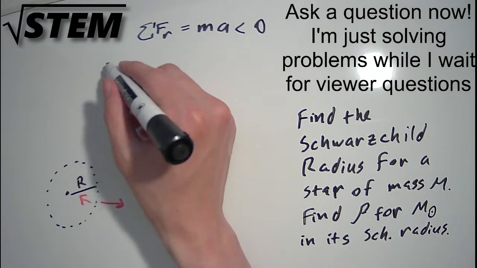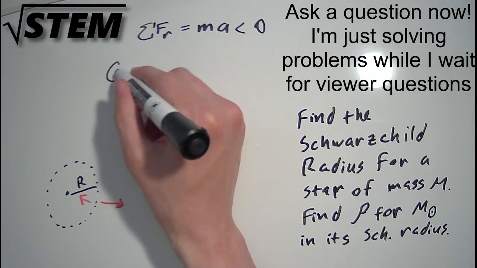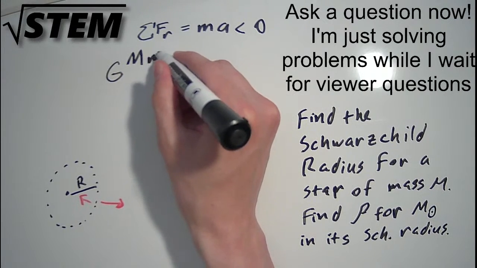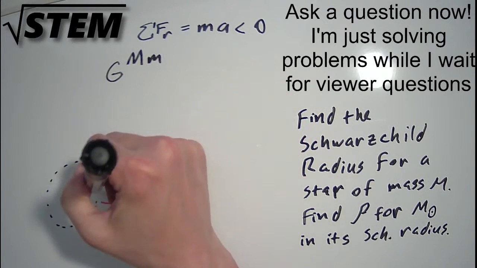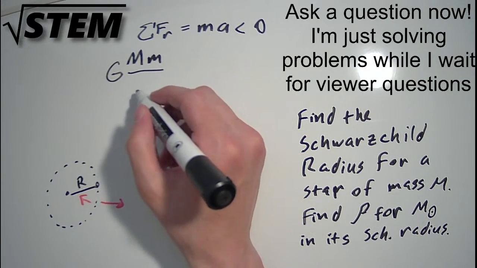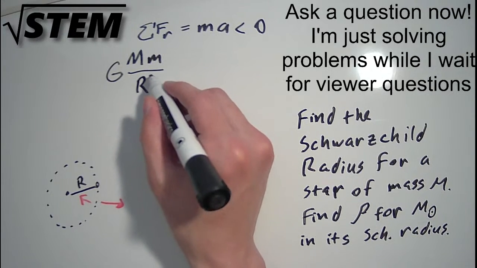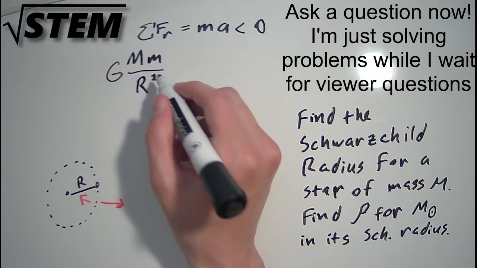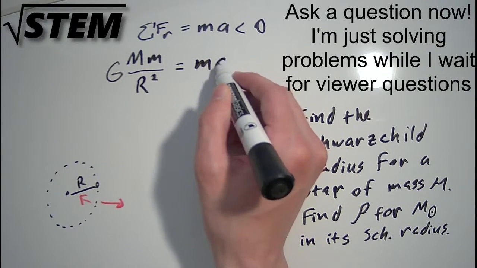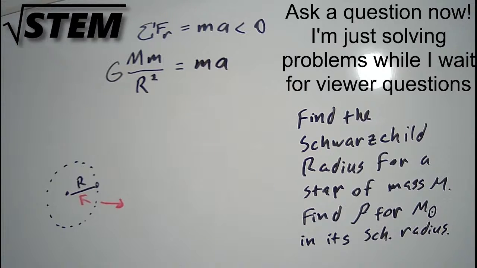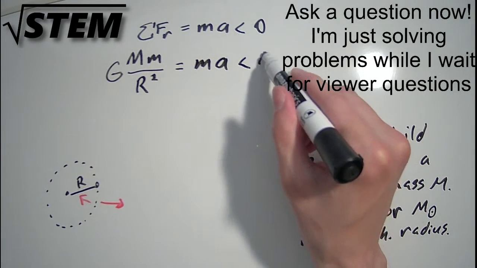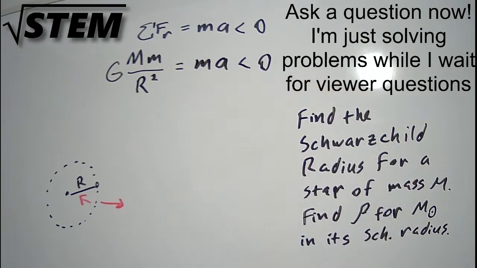So that would be G, the mass of the black hole, the mass of whatever we are, over the radius squared equal to ma, and being less than 0.